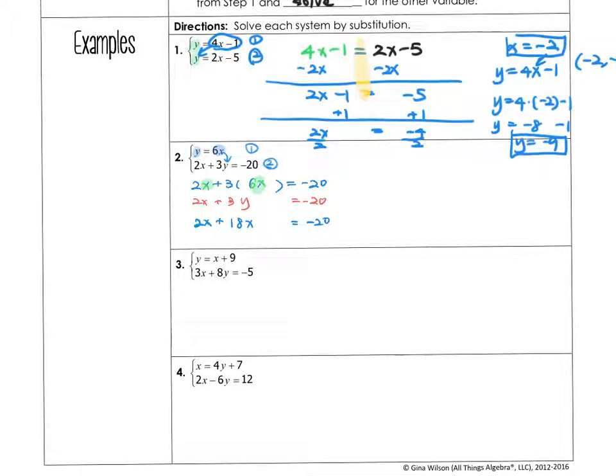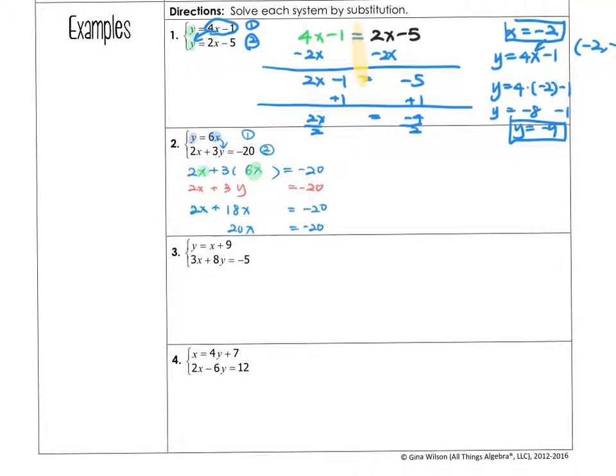I add the two together, I should have 20x together equals negative 20. If I divide both sides by 20, x should equal negative 1. And now I said take an easier one. Y equals 6x, plug in the negative 1 into x. You would have y equals negative 6. So your final answer for this one is negative 1, negative 6.